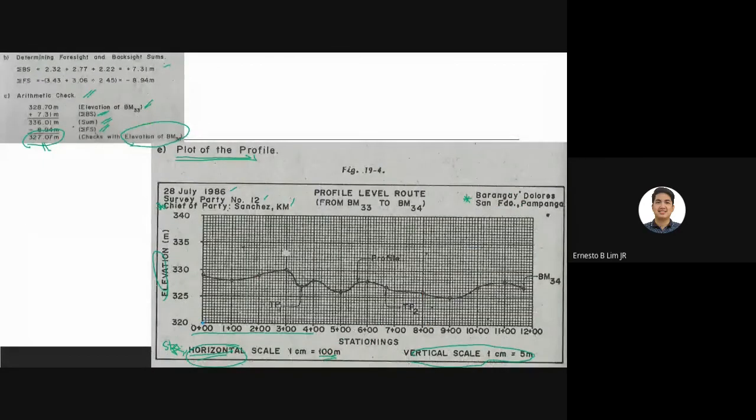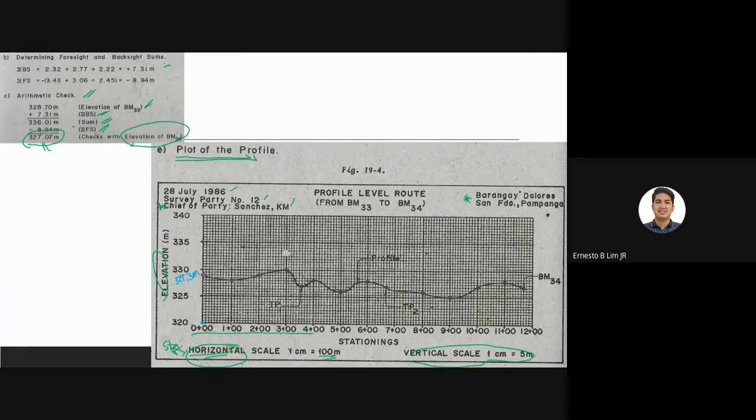Okay, so this is 320, 325. So I think this one is 329.3. Okay, this is for station 0 plus 00.